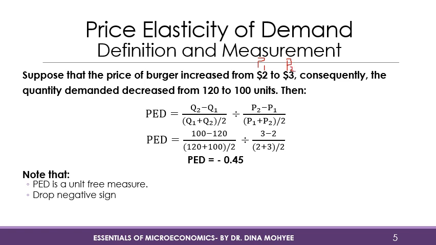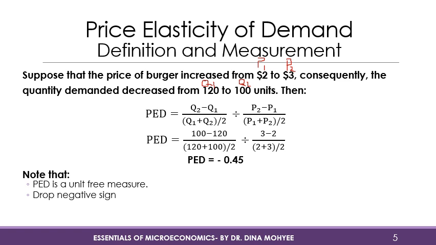We say that the price increases from 2 to 3. Then the quantity demanded decreases from 120 to 100. Then Q1 equals 120 and Q2 equals 100 units.